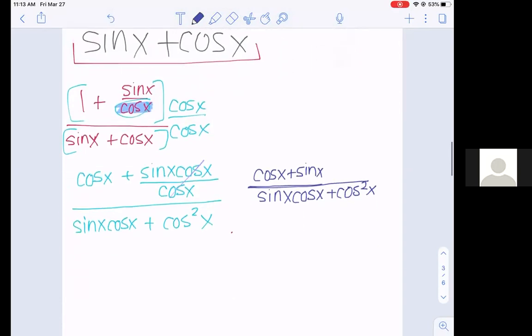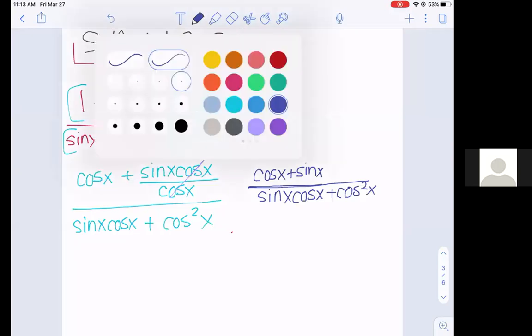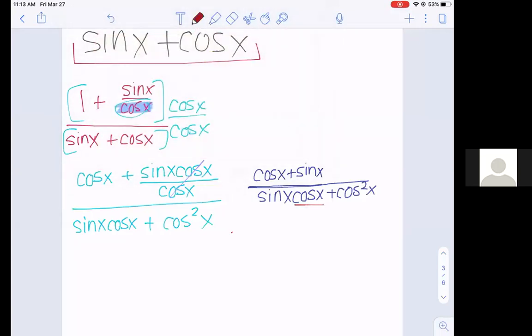All right, so now on the bottom, I can actually pull out the cosine as a GCF. So I can make my top cosine x plus sine x. And now my bottom is going to be cosine x times sine x plus cosine x.